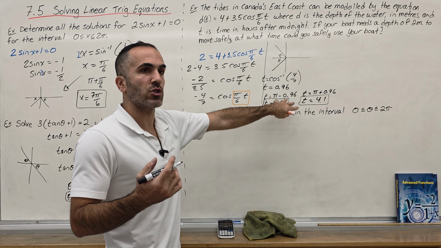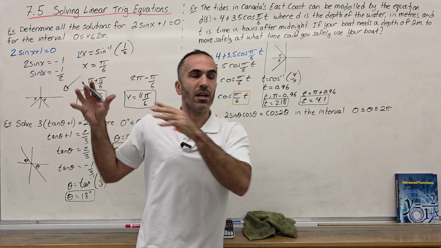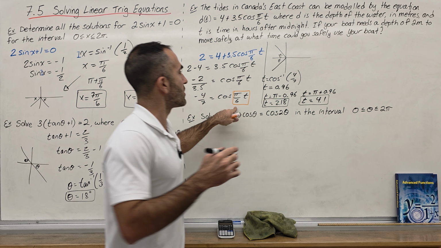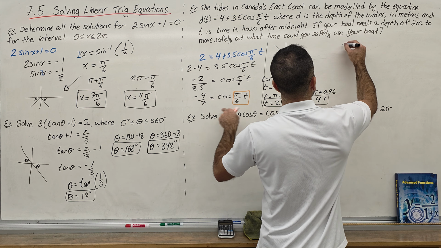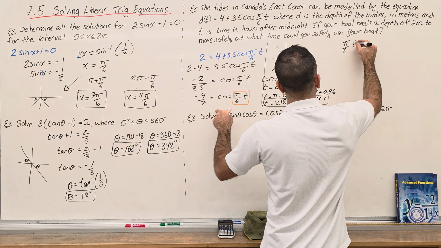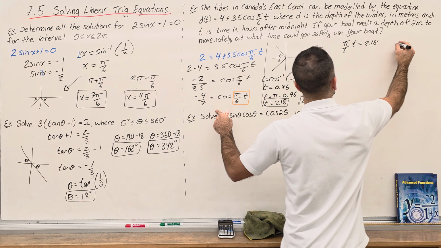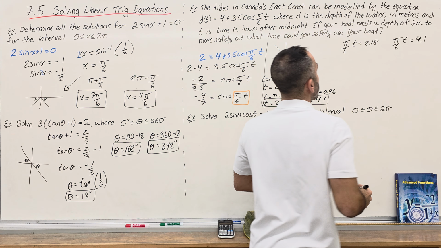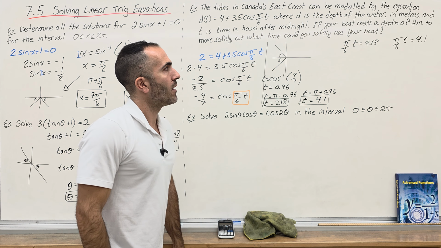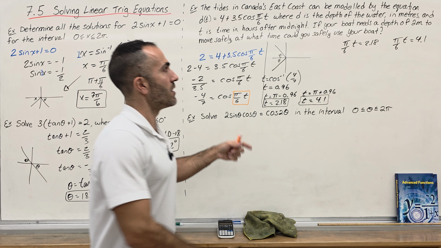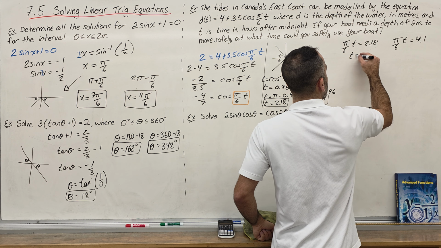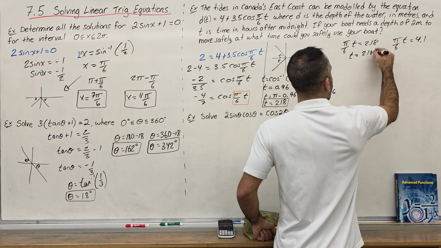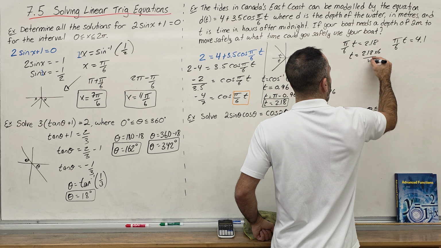So now that I actually solve for t, like every other question, now I bring back the pi over 6. So the solutions are actually pi over 6t is 2.18, and pi over 6t is 4.1. And now I have to solve for t. So I multiply by 6, 2.18 times 6 divided by pi.